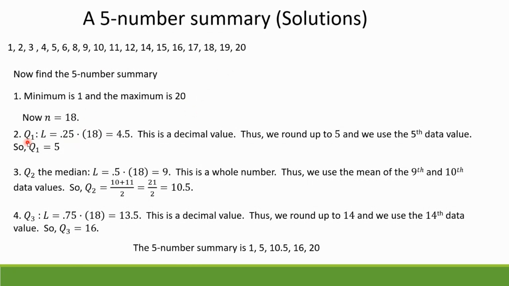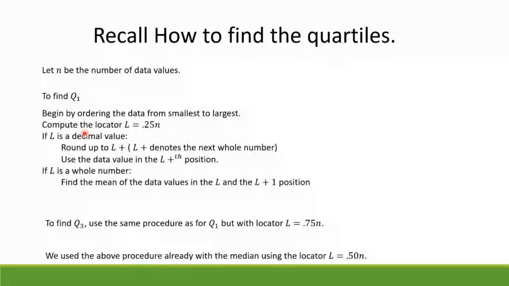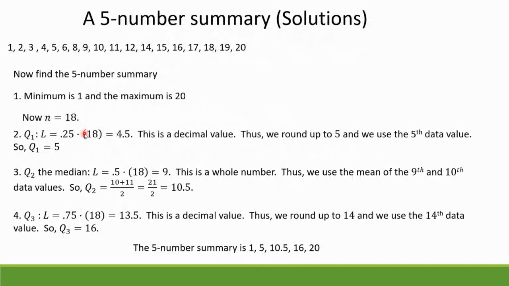Now for the first quartile, we're basically going to use that procedure. I almost said algorithm, but I guess it is an algorithm. We're going to use this procedure with L as 0.25 times n, but n is 18. There's 18 data values.